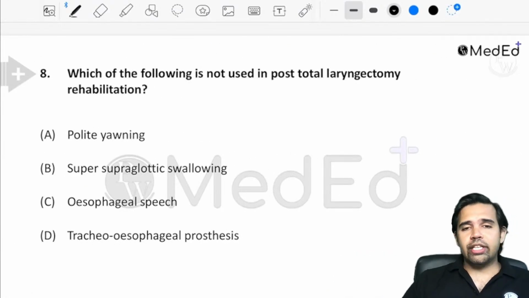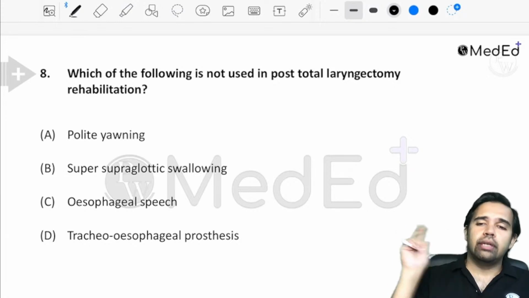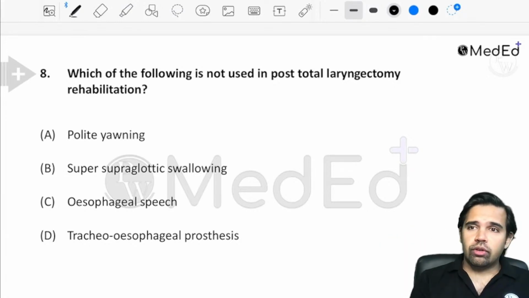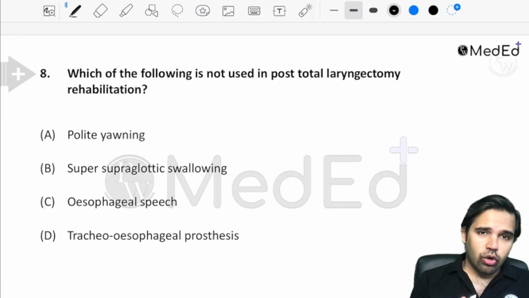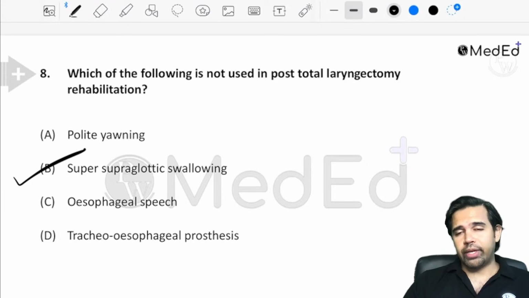Which of the following is not used in post-total laryngectomy rehabilitation? This is a bit of a confusing question. In laryngectomy, the larynx has been removed. So which of the following are not being used? In this case it would be supraglottic swallowing.